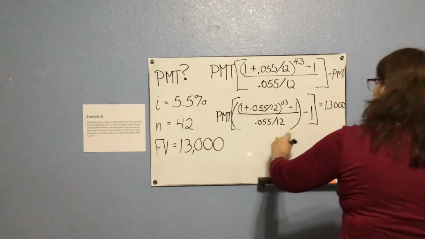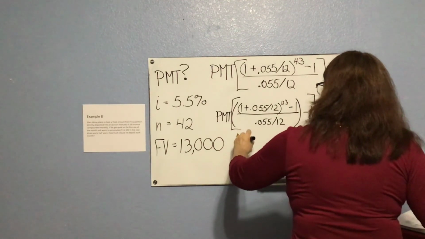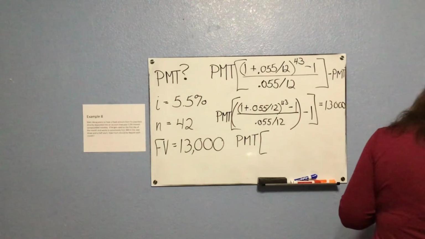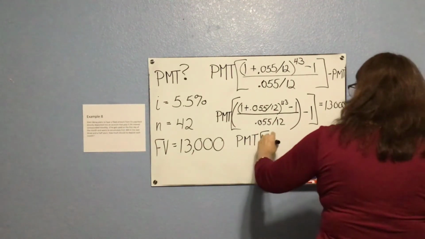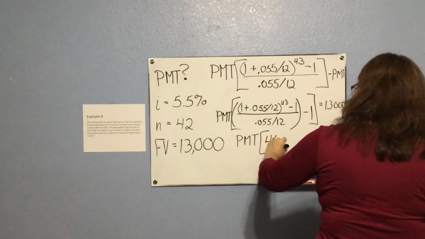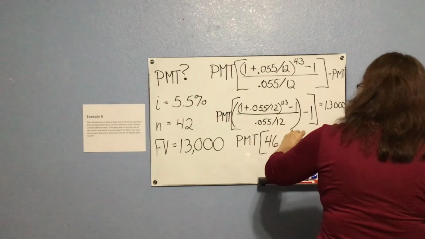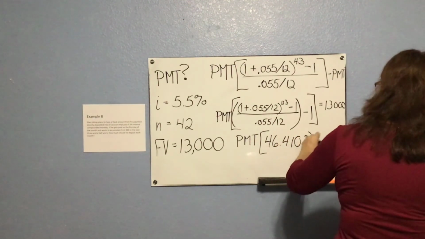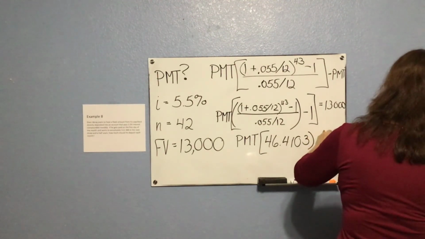And when I do this calculation, my result should be 46.4103 equals $13,000.